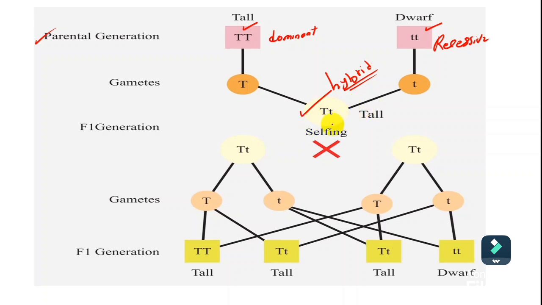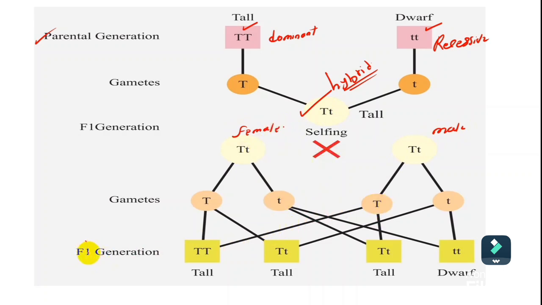After that, we make self-pollination or selfing for the second generation, meaning that the offspring of the first generation are the parents of the second generation. This is the female, for example, and this is the male, so we have male and female crossed with each other.